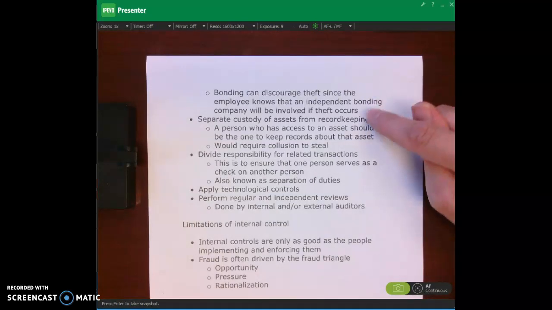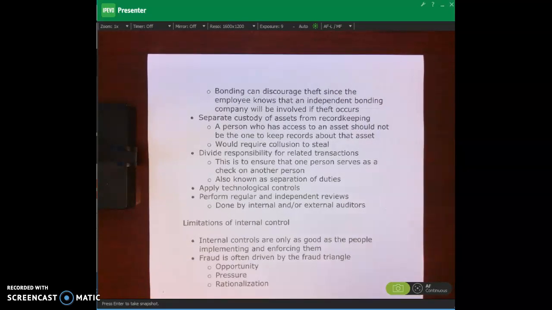We also want to separate custody of the assets from record keeping. The person who has access to the assets should not be the one to keep records about that asset. That's why the treasurer has custody of cash, and then the controller in the organization is the one who keeps financial accounting records. Okay.